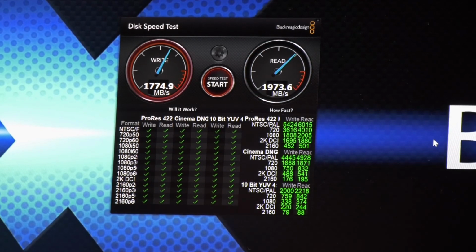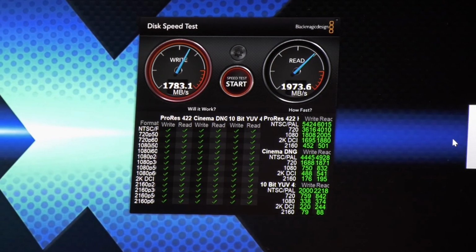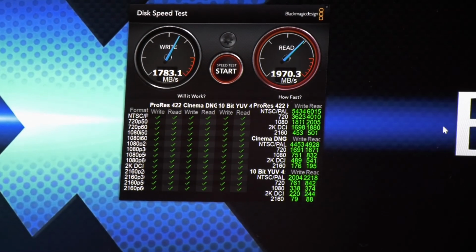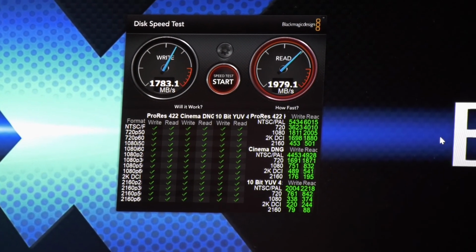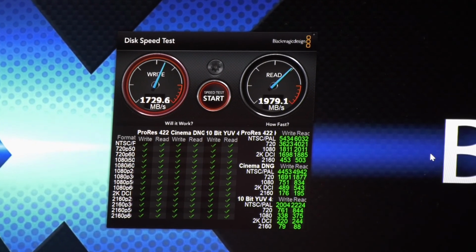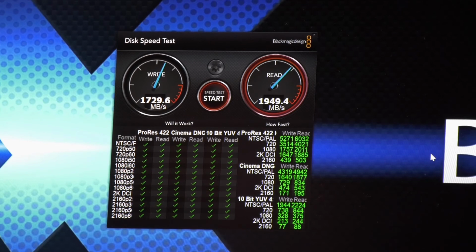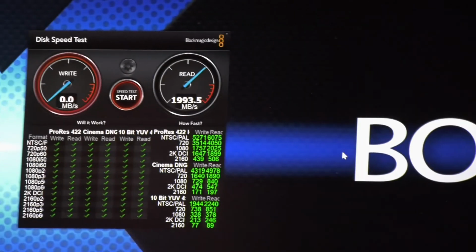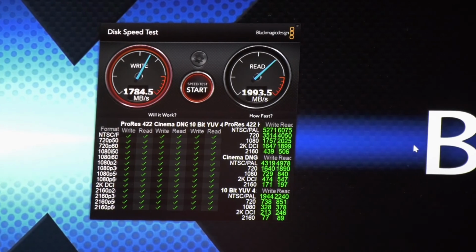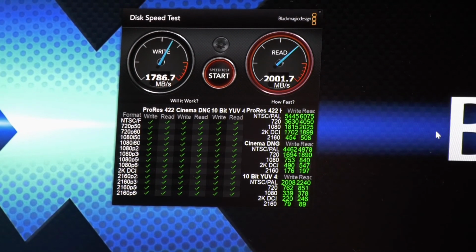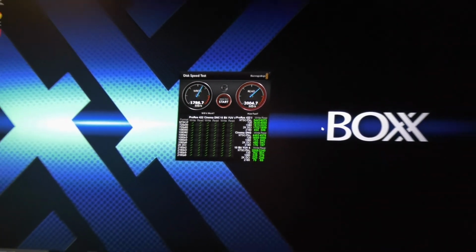Is this RAID, or is this just a single drive? That's a good question. So I have to ask and see what they've got in here. I think that they've just got a single SSD in there. Yeah, I mean, it's reading almost 2 gigabytes a second. So it's really good performance. While this is an advantage, of course, if you're just playing back footage and both systems can play it back at the same rate, it wouldn't make any difference in the benchmark.